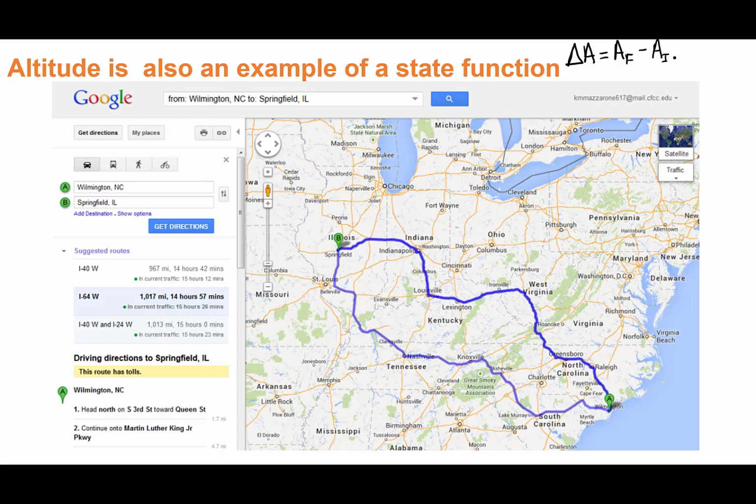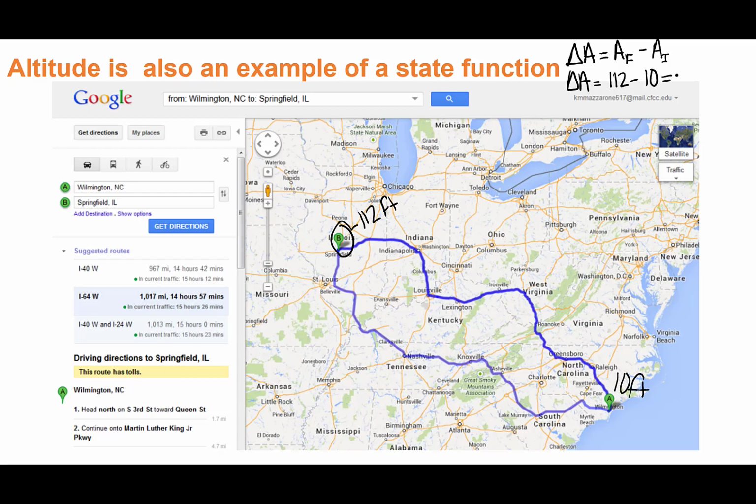Okay. So looking at this traveling, if I want to know what my change in altitude was, I would take the altitude of my final destination, Springfield, which we said is 112 feet above sea level, minus the altitude of my initial, here in Wilmington, let's say 10 feet above sea level.